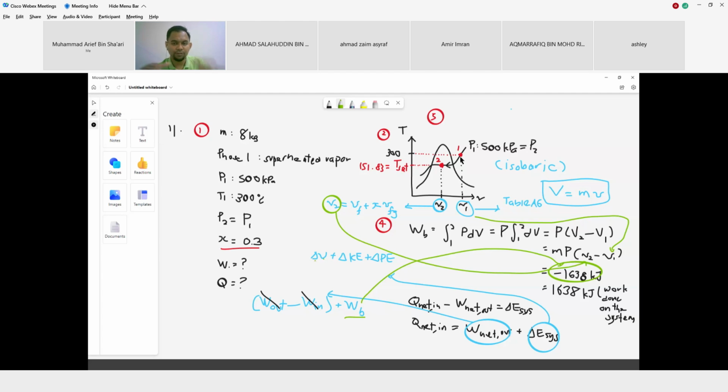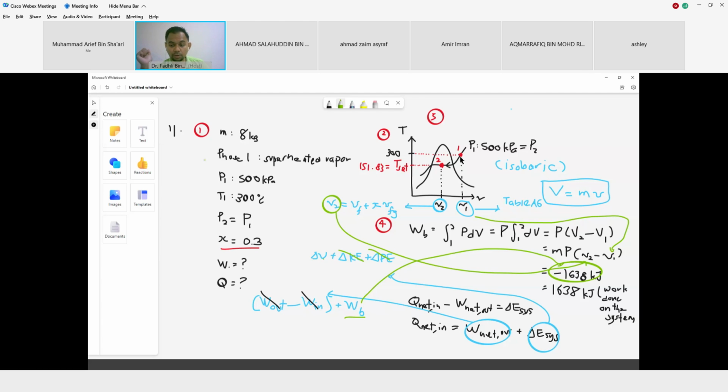If they have a substance, any substance, it has its own internal energy, so we need to consider U. But for kinetic energy and potential energy, we are not given any values. The question didn't mention anything about them, because this is a piston cylinder device, so the system is not moving.